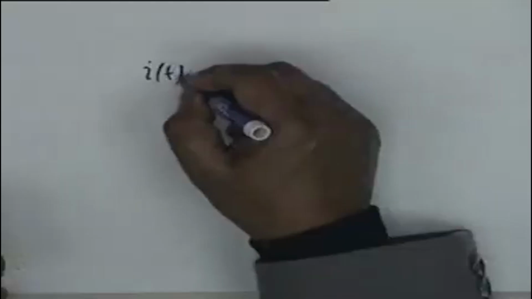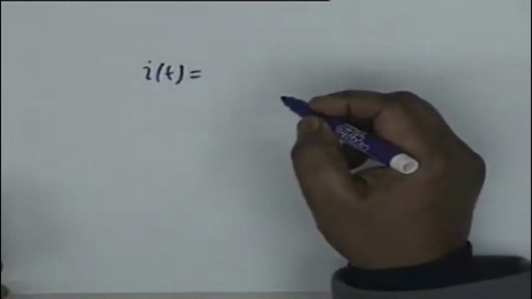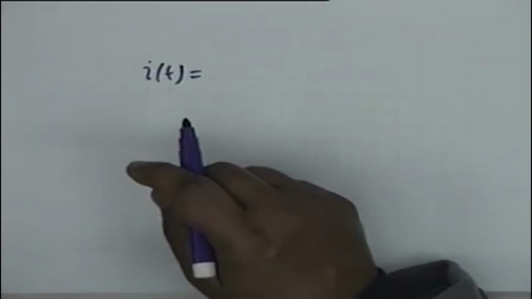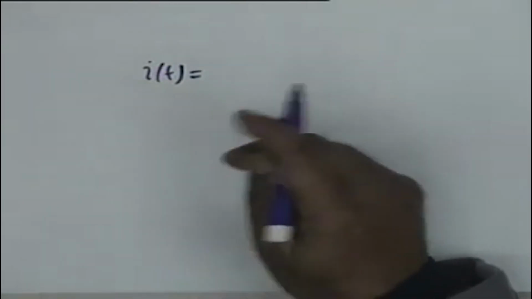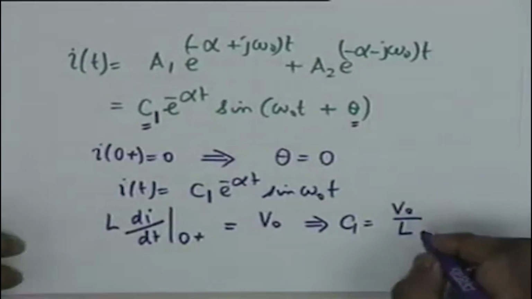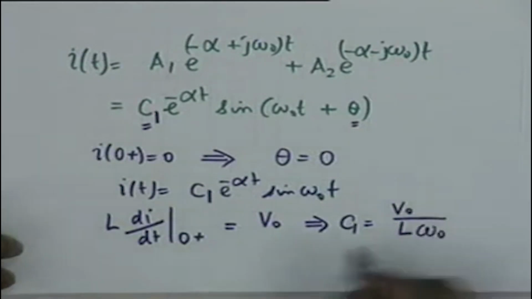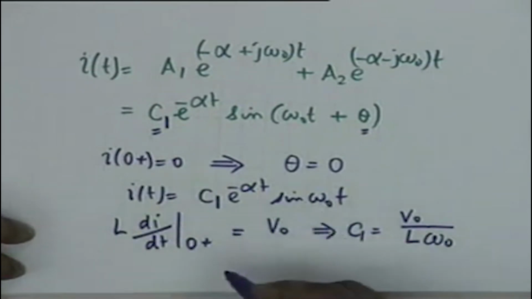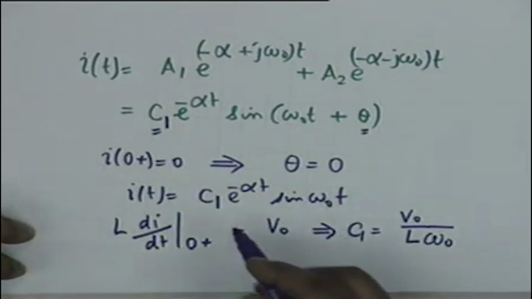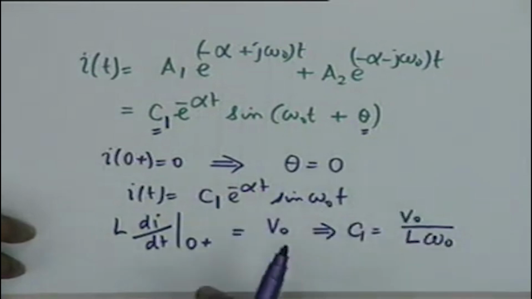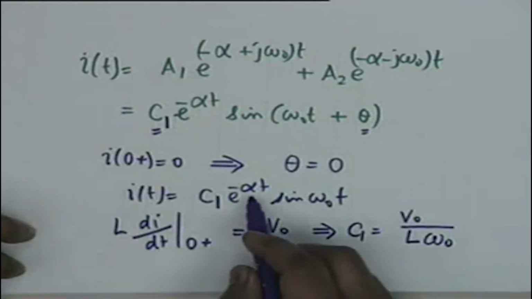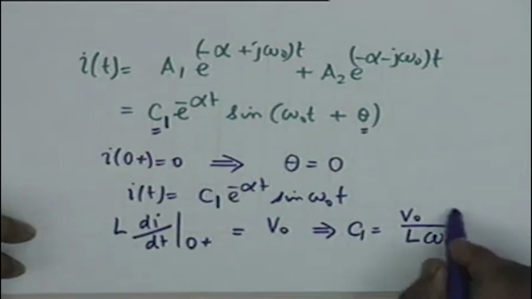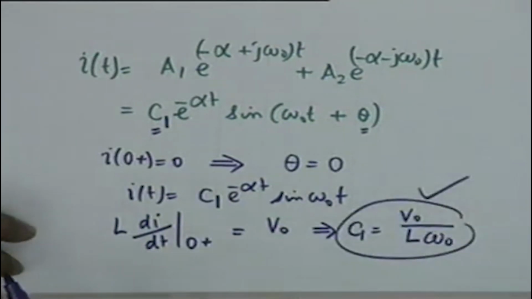There is no problem. So it will be divided by L omega. I am glad you caught that. This will be V0 divided by L omega naught. That is correct, because a differentiation of this shall bring omega 0. So C omega 0 cosine omega 0 t multiplied by e to the minus alpha t. Put t equal to 0, this omega 0 shall be there. Thank you very much.